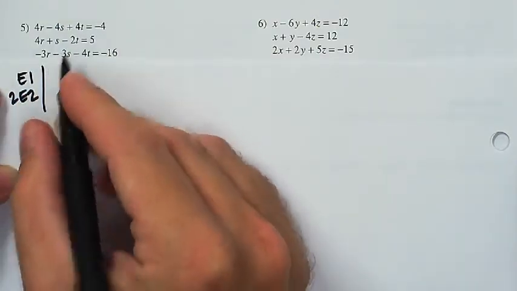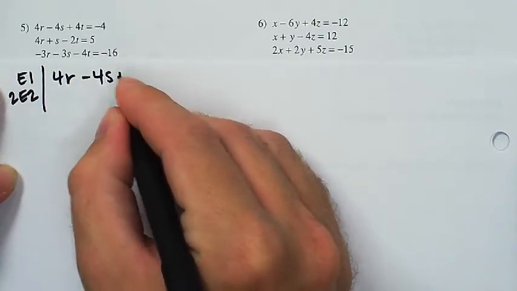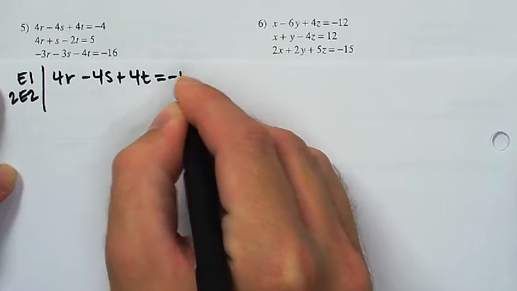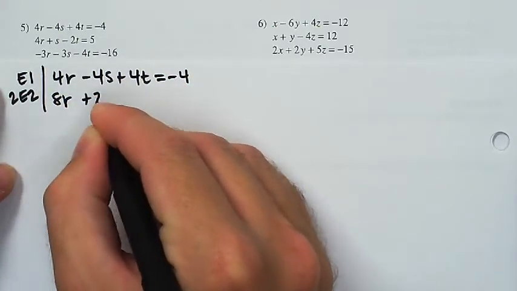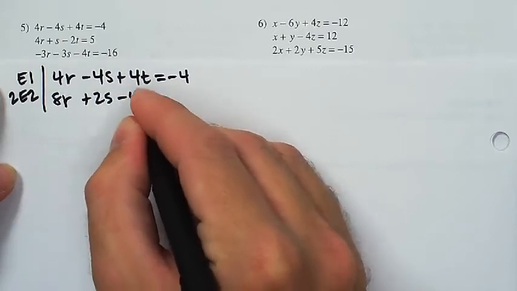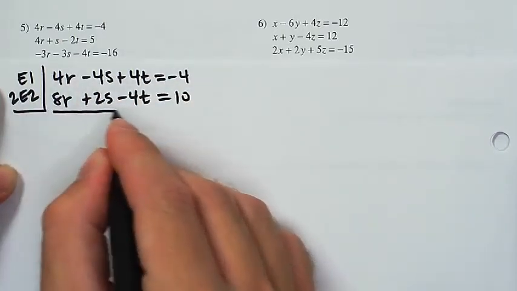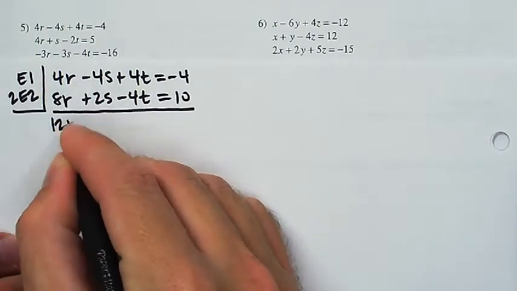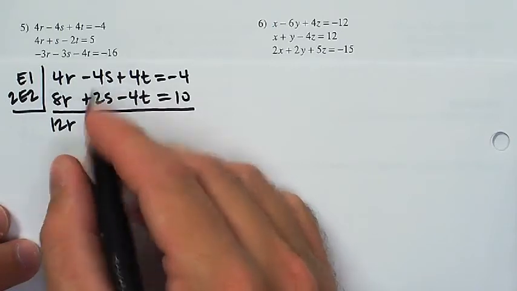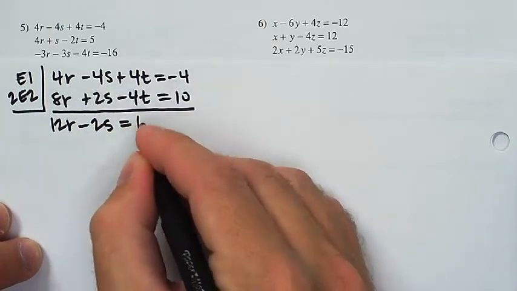I'll say, all right, I'm going to add equation 1 to 2 of equation 2. Okay, so equation 1 is 4r minus 4s plus 4t equals negative 4. 2 of equation 2 would be 8r plus 2s minus 4t equals 10. If I add these all together, I'm going to get 12r minus 2s equaling 6.